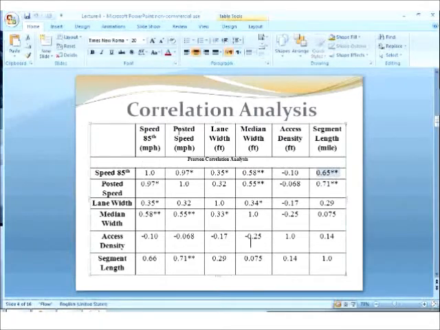So all these, from posted speed to segment length, are independent variables, and this is the dependent variable. Now, why do we have this kind of table? So that we can cross-classify. Using this column, you can see the relationship between the dependent variable and all the independent variables, which means how posted speed is related with the lane width.